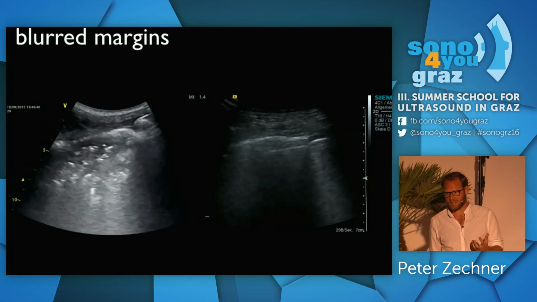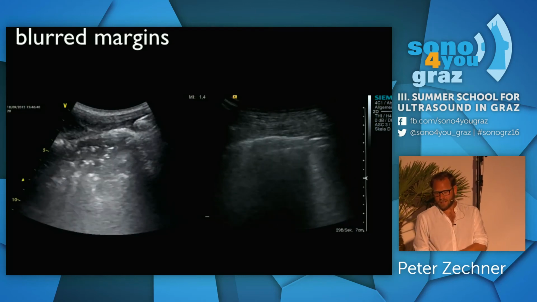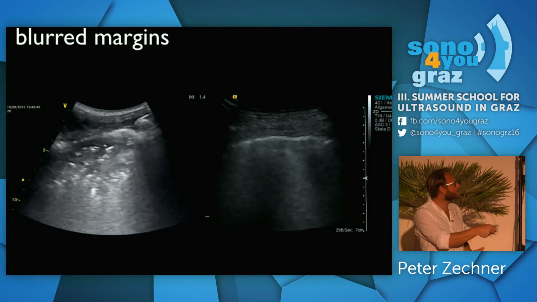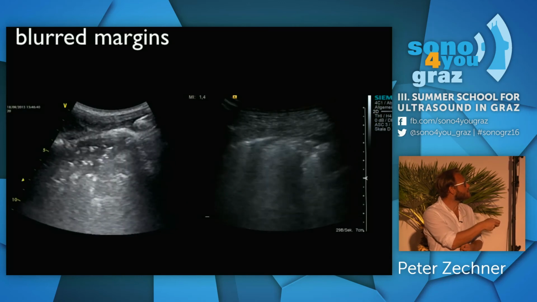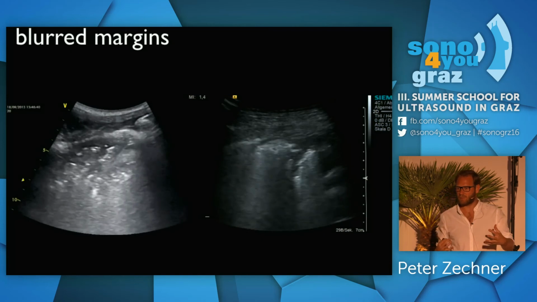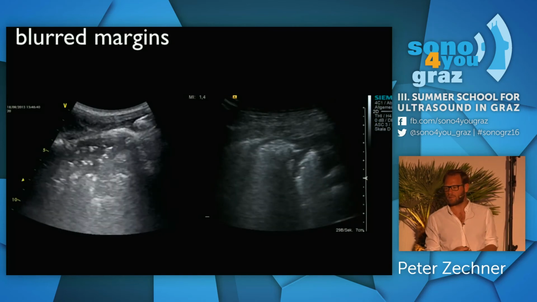Normally, the margins of the consolidations are blurred, so we cannot say where it really ends. Here down in the ultrasound image, maybe here is the end of the consolidation, but we cannot say where the end of the consolidation is.